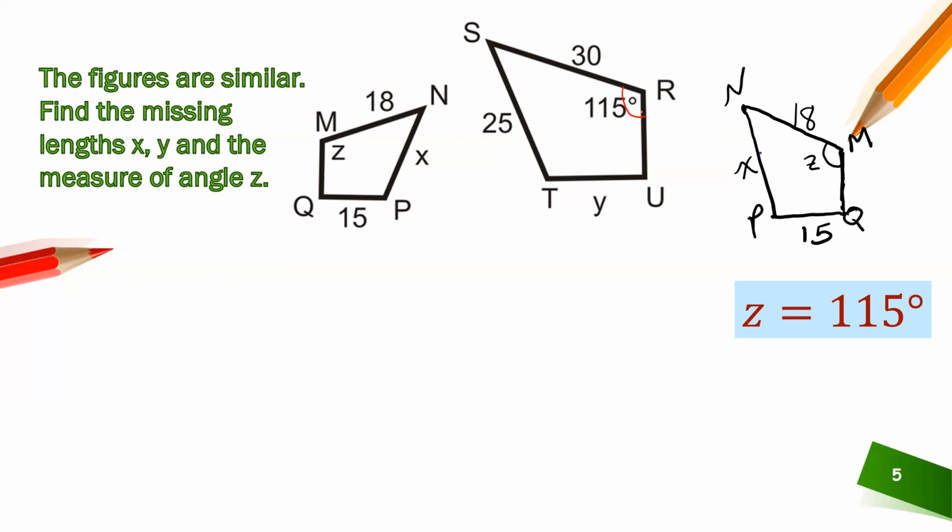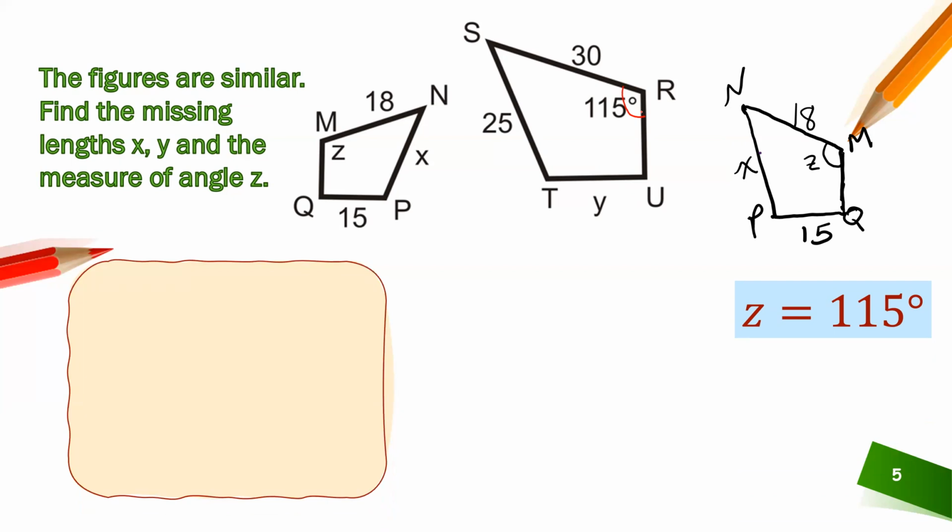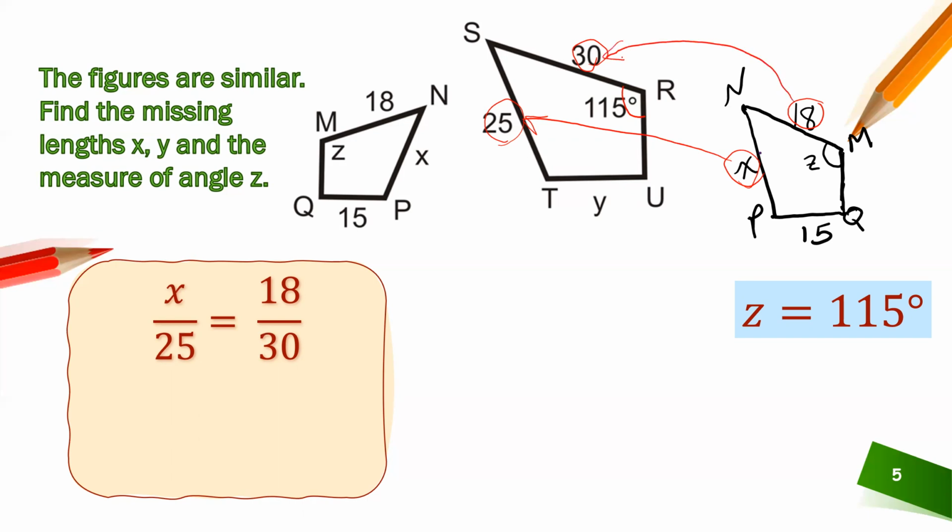Okay, so let's go and find the X and the Y. So let's look at corresponding sides. I see that 30 is corresponding to 18 and 25 is corresponding to X. So I can write X over 25 is the same as 18 over 30. Cross multiply and then divide by 30, X is 15.